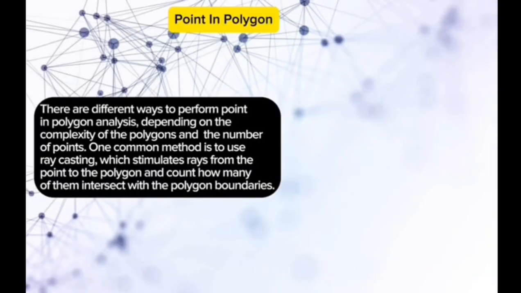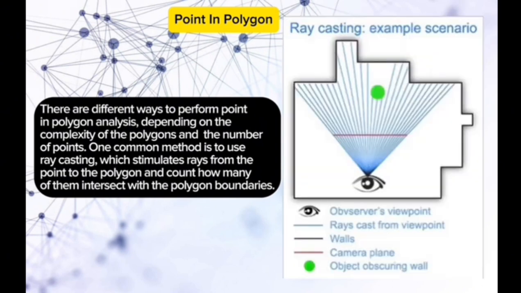There are different ways to perform point in polygon analysis, depending on the complexity of the polygons and the number of points. One of the common methods is to use ray casting, which simulates rays from the point to the polygon and counts how many of them intersect with the polygon boundaries. As you can see on the right, this is an example scenario of ray casting.